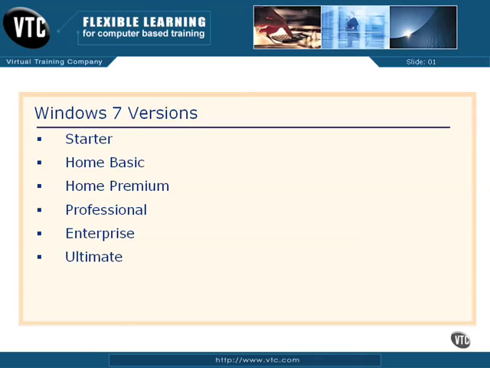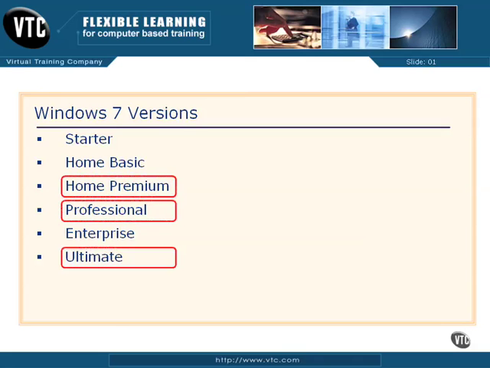Okay, now you've got 6 versions there, and it looks like Microsoft is going to concentrate their marketing efforts on roughly 3 of these, and in reality only 2, and that is Home Premium and Professional. Now Ultimate is going to be for really high-end corporate clients, but you're going to see that Home Premium and Professional are going to be the 2 main ones, just like with XP. Home Premium for the home user, Professional for the business user.